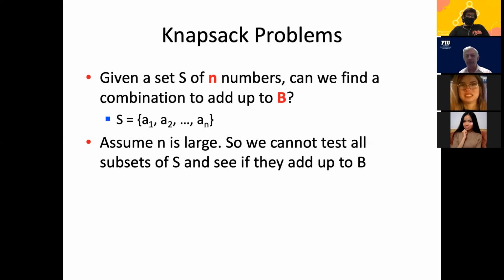And if we want to do this, it looks like we have to test every possible subset, just like in the previous case. So somehow we want to avoid testing all these subsets. The reason we want to avoid this is because there are 2 to the n possible subsets. If n is equal to 50, 2 to the 50 is, as we saw, something like a quadrillion, and we can't deal with that.